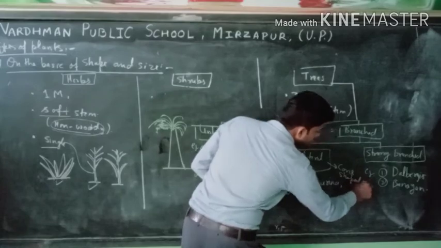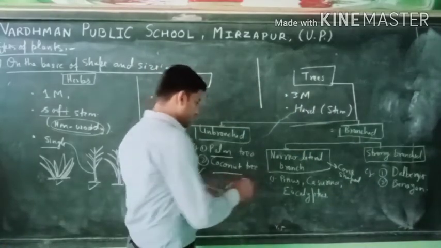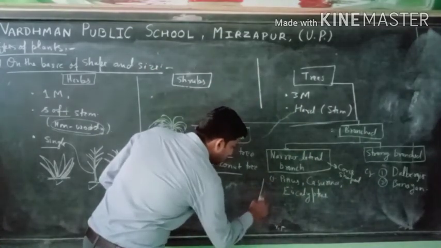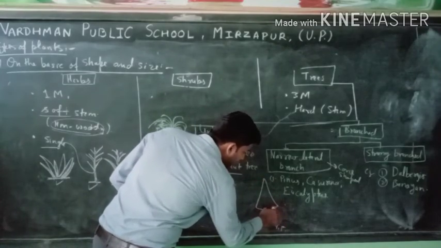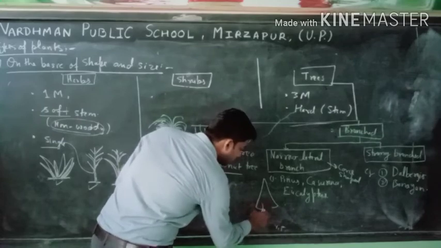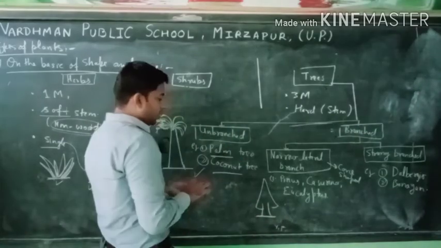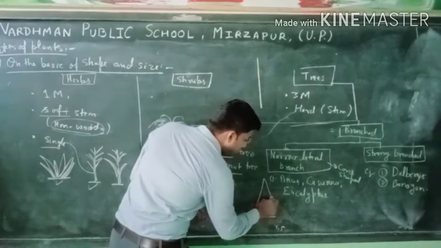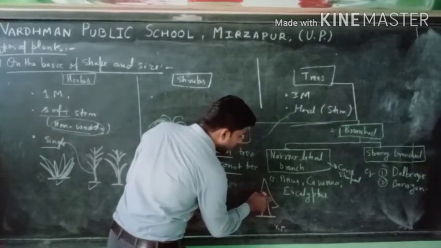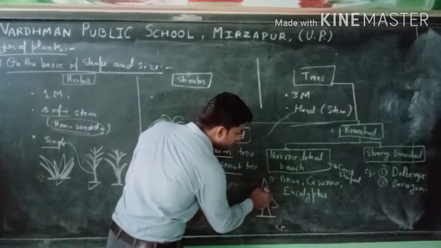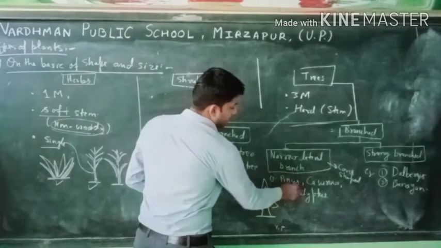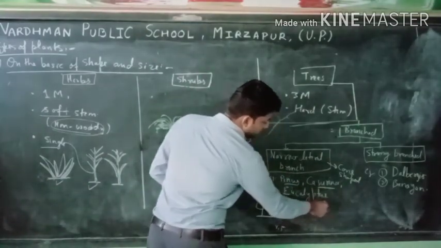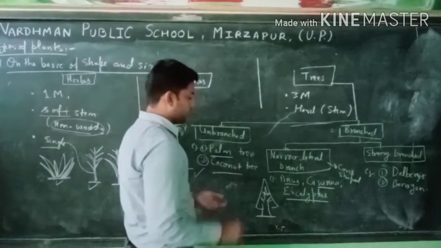They are also known as cone-shaped plants because they look like a cone, like a Christmas tree. Here a number of narrow branches are present. Examples of narrow lateral branch trees are pinus, casuarina and eucalyptus.